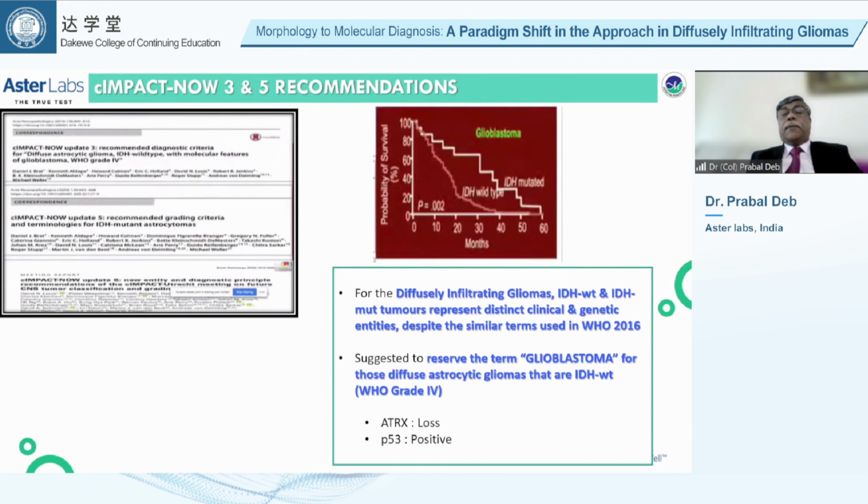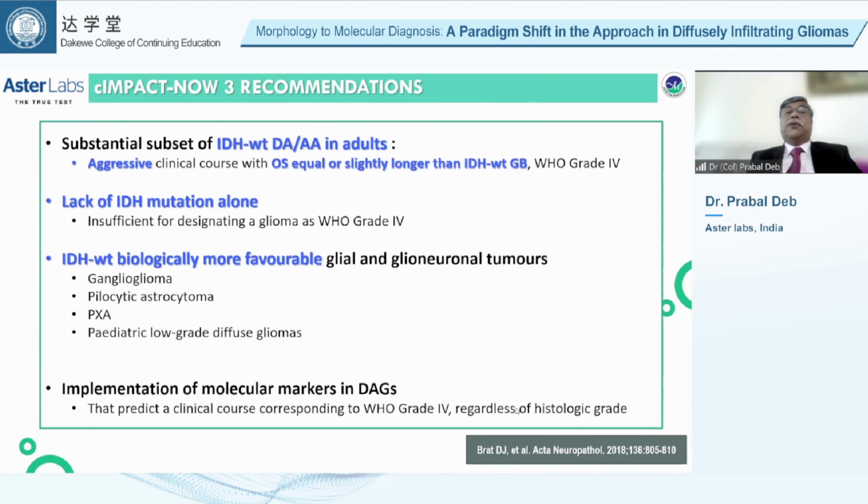A few of the highlights of the recommendation was that diffusely infiltrating gliomas, IDH wild type and mutant tumors, represent distinct clinical and genetic entities, and to reserve the term glioblastoma for these diffusely infiltrating astrocytic gliomas that are IDH wild type, WHO grade 4, which have ATRX loss and P53 positive markers.